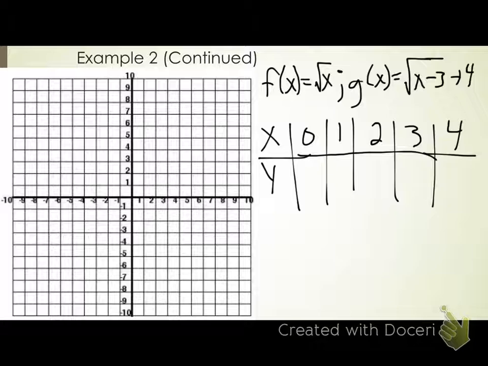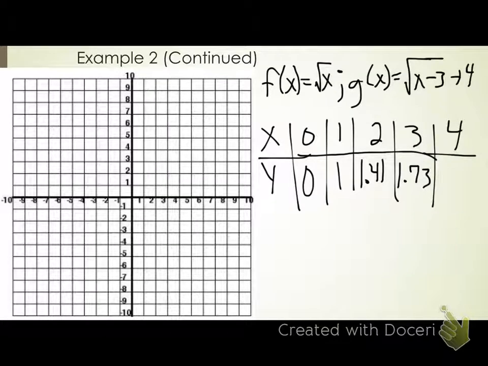Square root of 0. Plugging 0 in right here. What's the square root of 0? 0. Square root of 1. 1. What do we say the square root of 2 was? 1.41. Square root of 3. 1.73.